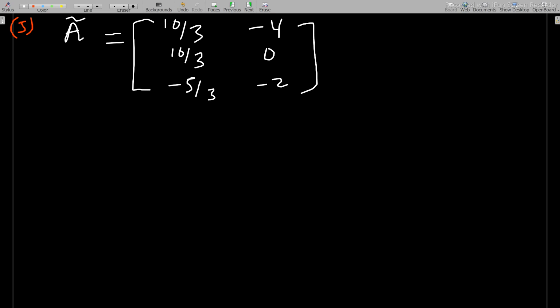We find our x2, but at the end we'll have to transform the H2 that we will get here into H2 tilde.